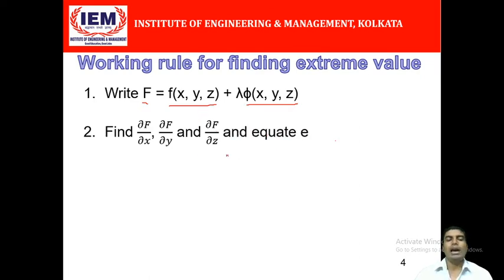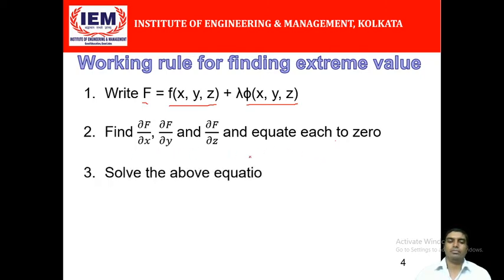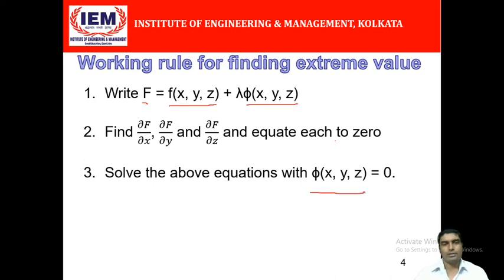Then I will equate each of them to 0, the same as we did in the previous lecture. Then I will solve these one by one, but I will keep track that these variables satisfy the relation phi of x, y, z.